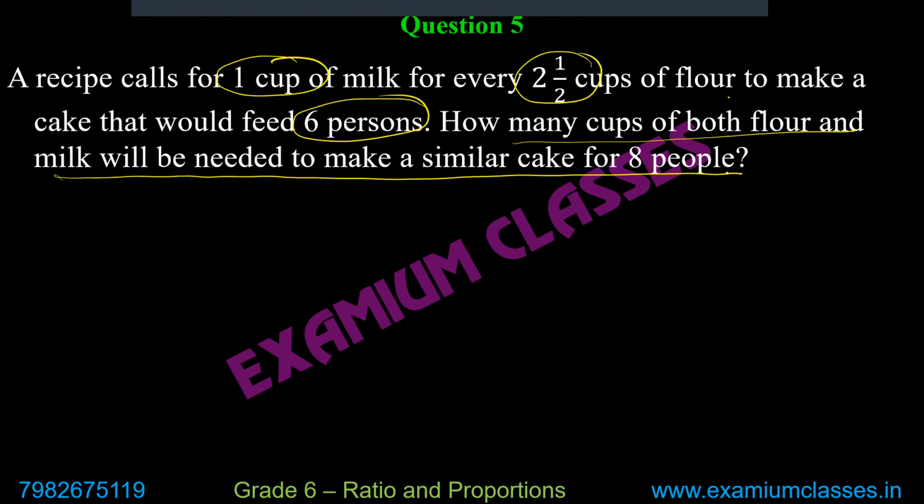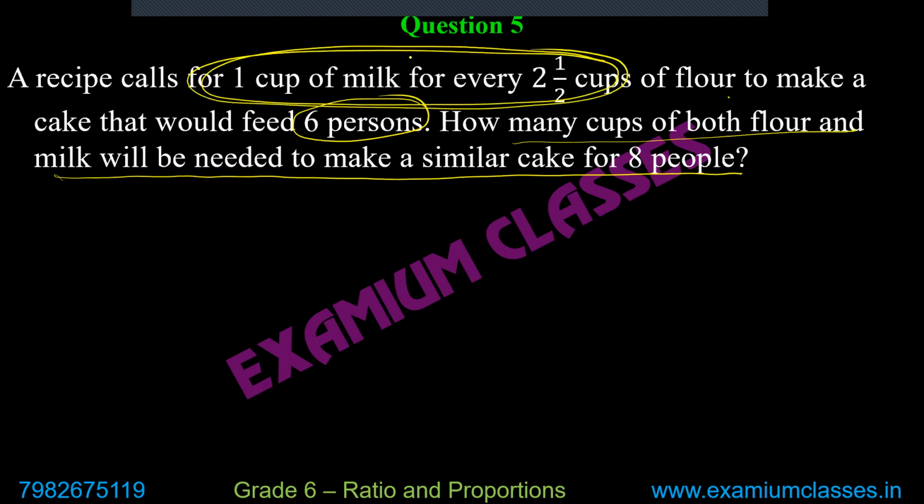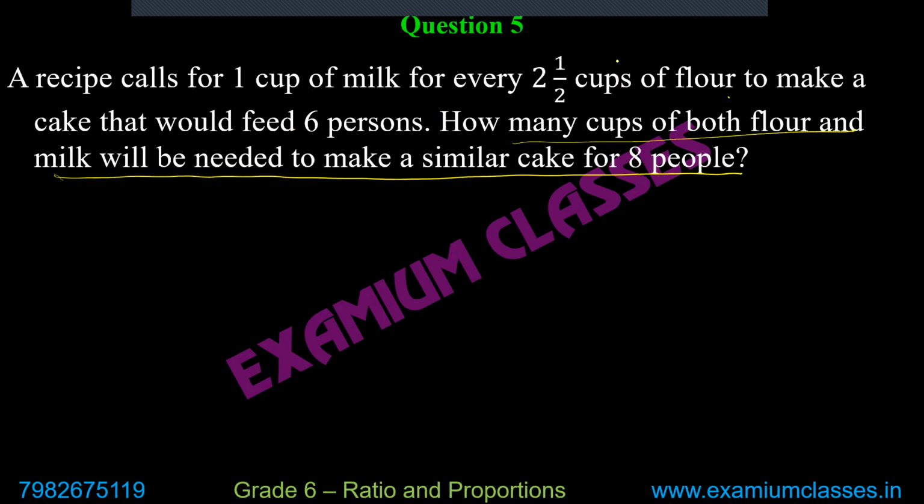We can apply unitary method also, and we can do in the terms of table also. Okay. So what we can say that the ratio will remain constant. Means suppose you add these two. So I'm first telling you first method and then I will tell you another method also. In total, how many cups we have?